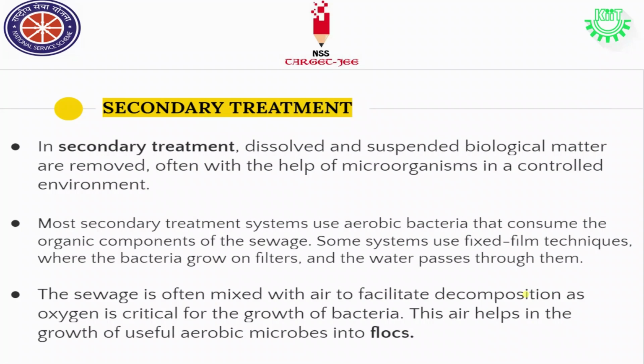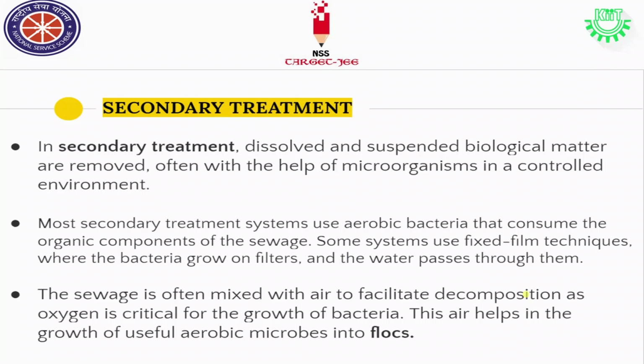In secondary treatment, dissolved and suspended biological matter are removed, often with the help of microorganisms, in a controlled environment. The primary effluent is passed into a large aeration tank where it is constantly agitated mechanically and air is pumped into it.